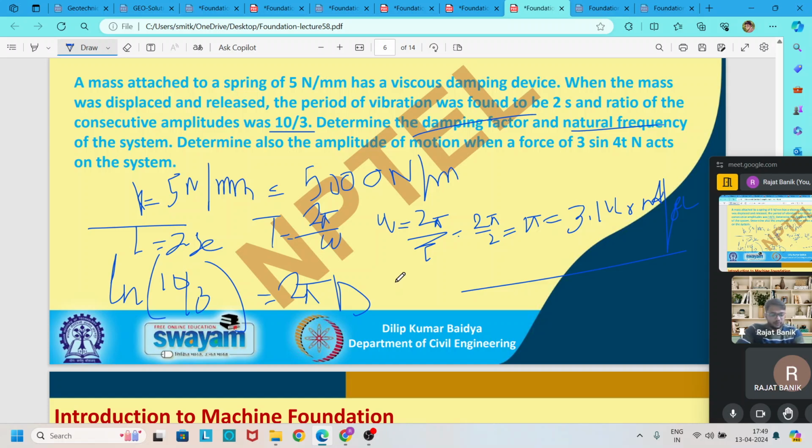So d is equal to 1 by 2 pi ln 10 by 3. So ln 10 divided by 3, divided by 2, divided by 3.14, which is equal to 0.191, and in percentage it is 19.17 percent. So our d is 19.17 percent.